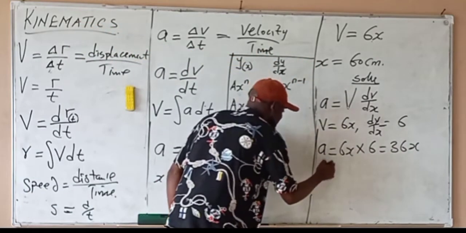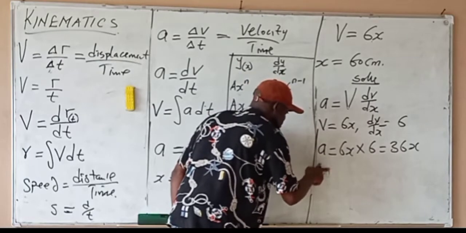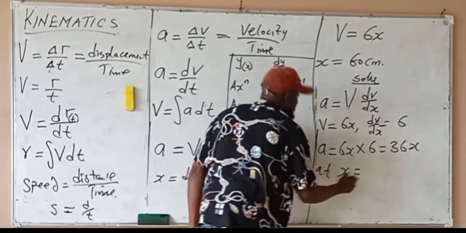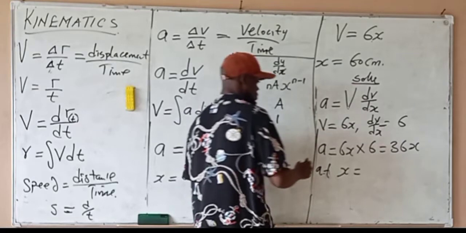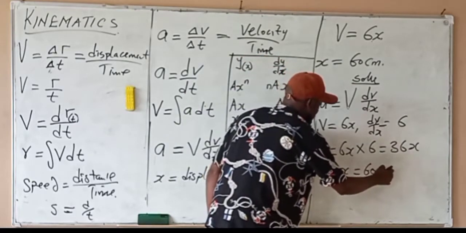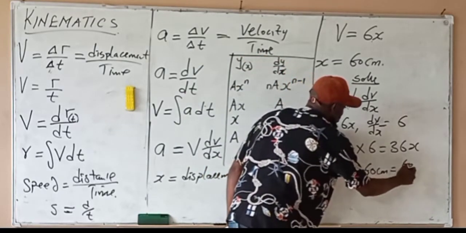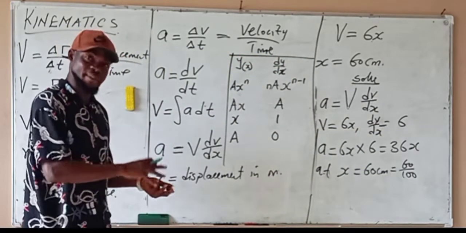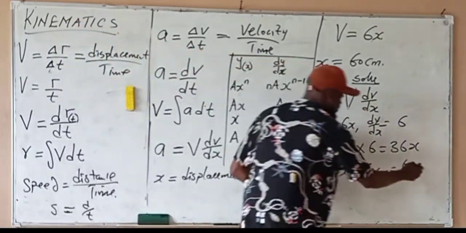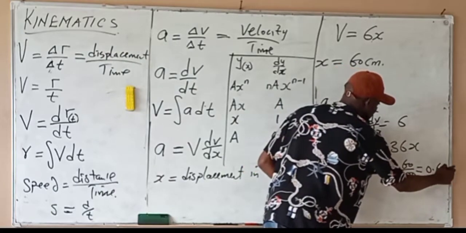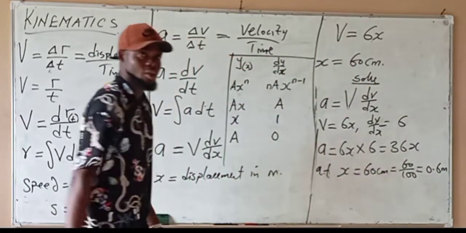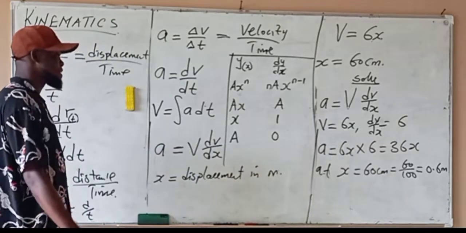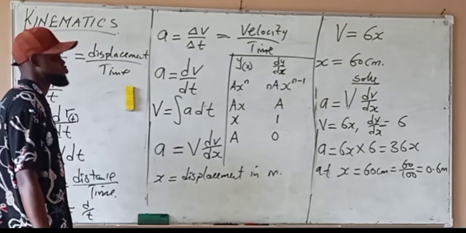Now at s equal to 60 cm, that is 60 over 100 in meters. When we go from centimeters to meters, divide by 100. This gives us 0.6 meters, or 6 over 10 meters.